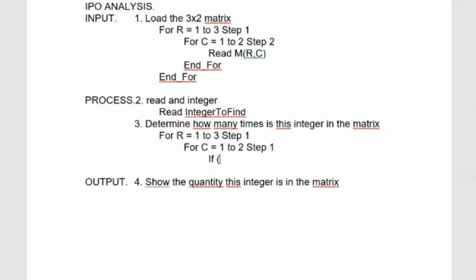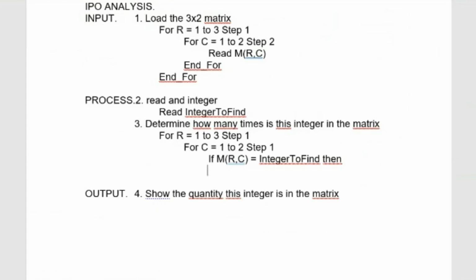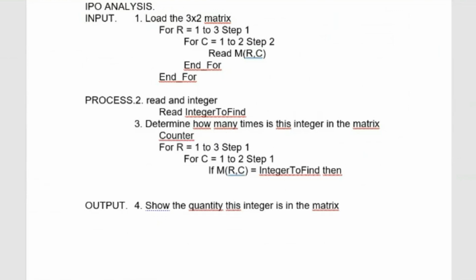And ask if matrix M in row R column C is equal to integer to find, then, as we are going to count how many times, we need a variable here in this place. Let's name it counter. Counter equal to 0. So if this condition is true, we need to write counter is equal to counter plus 1.